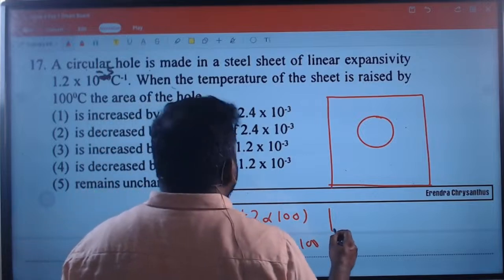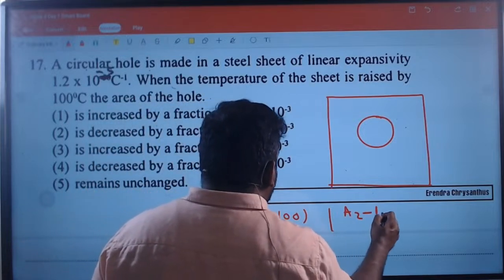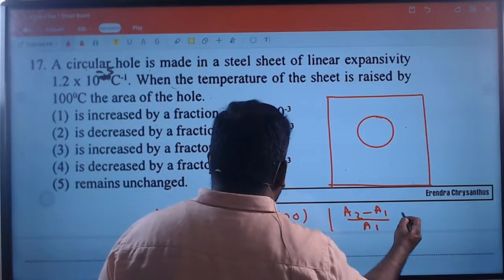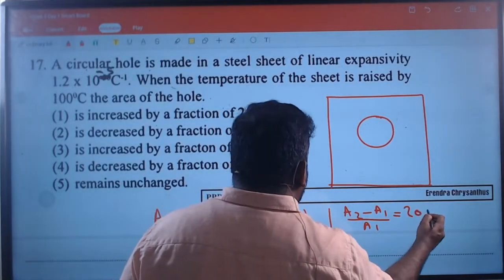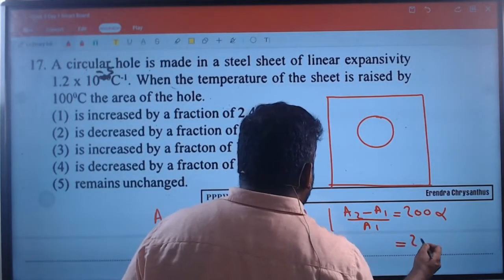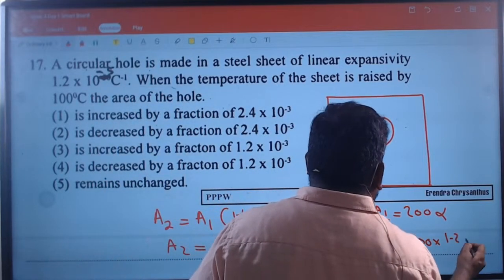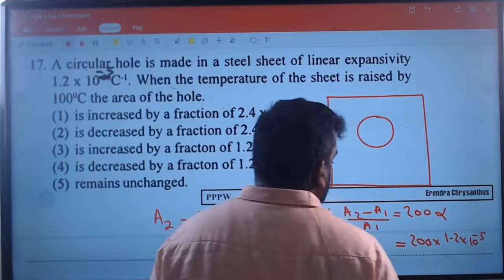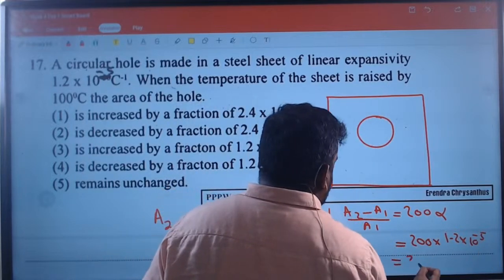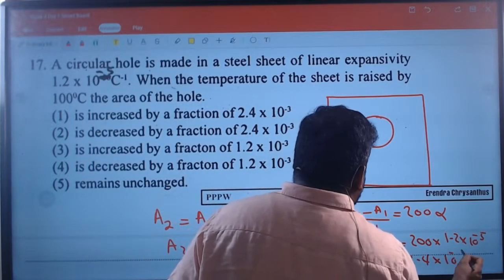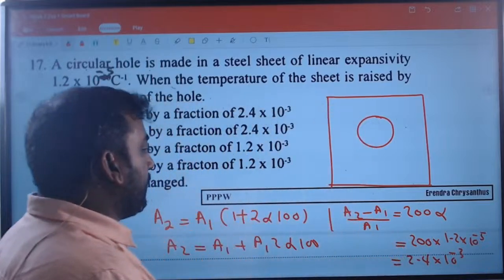Simplify this. A2 minus A1 divided by A1 is 200 alpha. 200 alpha is equal to 1.2 times 10 to the power minus 5, so 2.4 times 10 to the power minus 3.